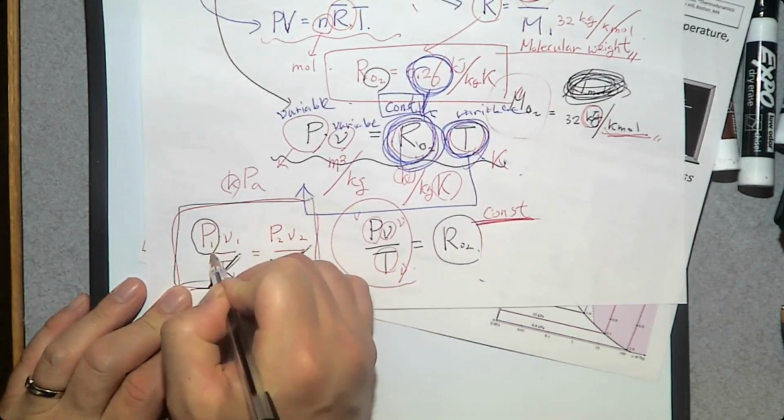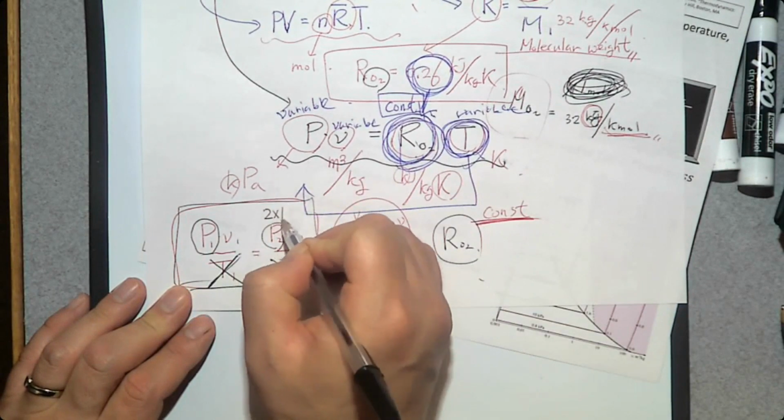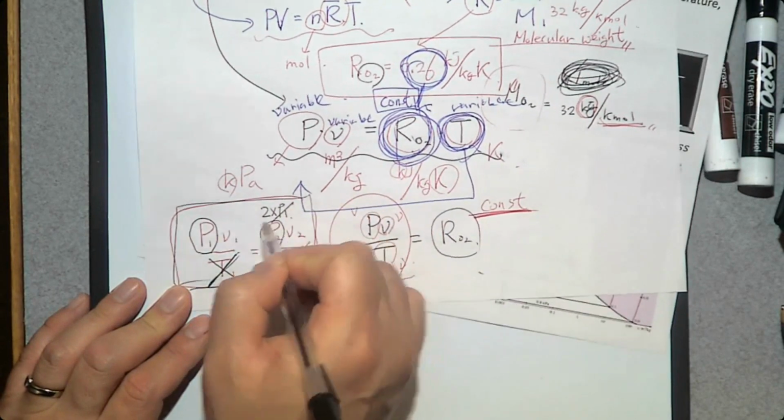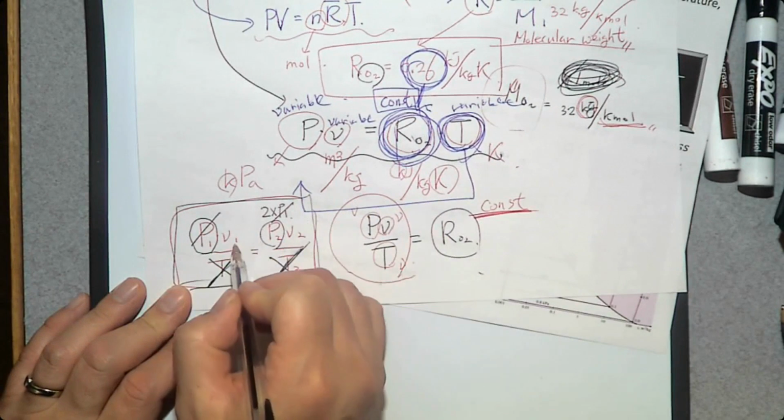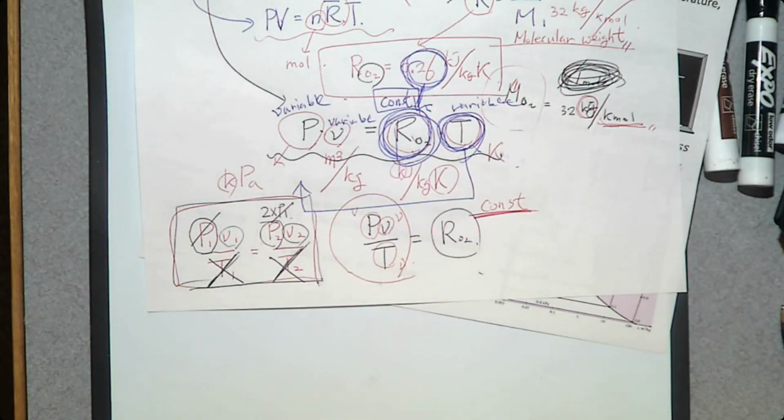And if you increase pressure twice, so P2 is going to be 2 times P1, P1 will be cancelled. You can see v1 is 2 times v2. So you can calculate the relation between the initial state and the final state by using this equation. That's how we use the ideal gas equation. Okay.